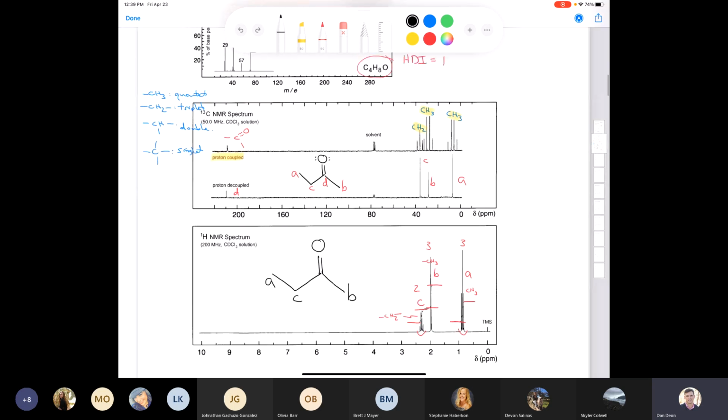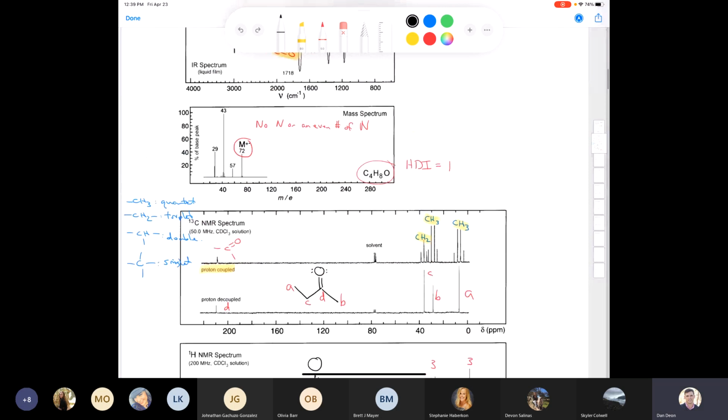If we go back to the MS, there is a fragment in here that I identified with you when we covered mass spec earlier on in this class. I talked about fragments that could have a mass over charge of 43. For example, a propyl cation or an isopropyl cation has a mass over charge of 43.